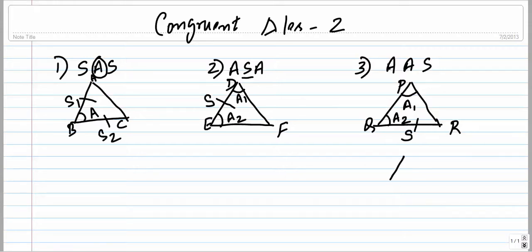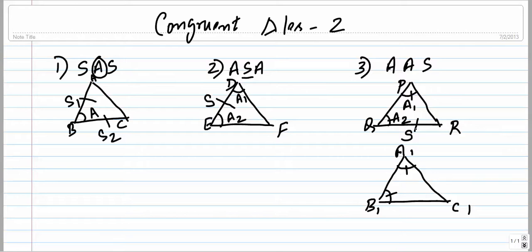Now I want to check with the second triangle which is A1, B1, C1. Now I can say that this angle A1 is here, this angle A2, I can say that this angle and this angle are equal, this angle and this angle are equal.